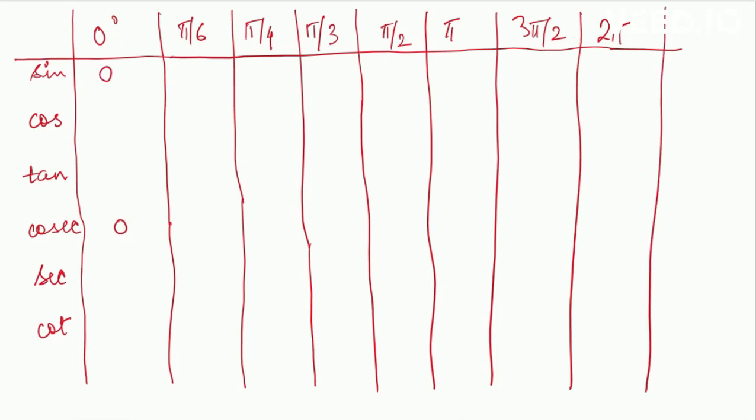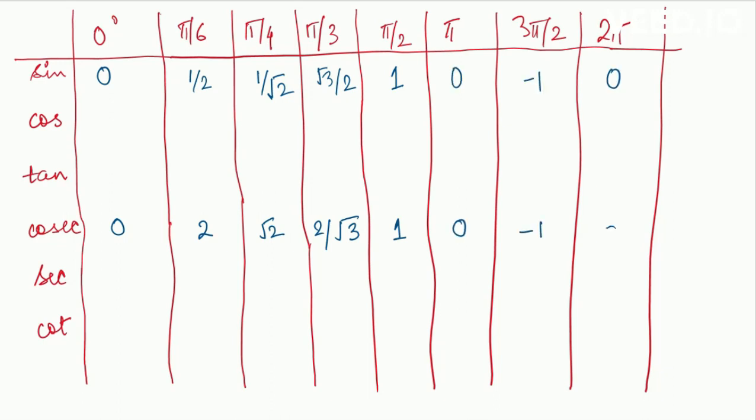So sine 0 is 0. If you need to find out cosec 0, then it is 1 by sine 0, so this will be non-defined. I've corrected this later. Cosec 0 is non-defined. So sine pi by 6 is half, sine 45 is 1 by root 2, and so on.